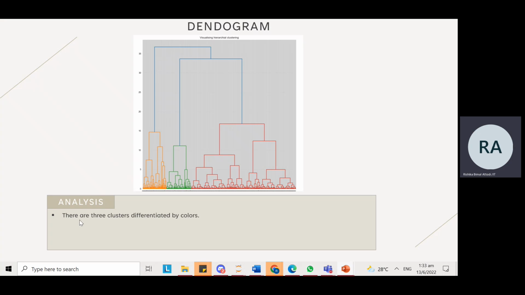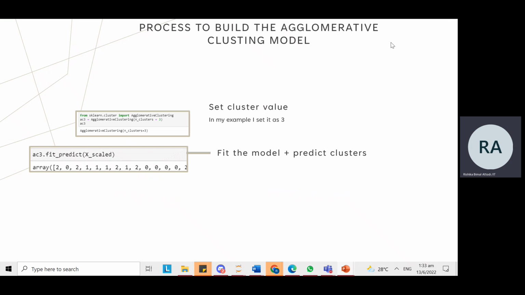This is my dendrogram. There are 3 clusters differentiated by the colors. Then this is the process to build the agglomerative clustering model. I set the cluster value as 3, fit the model and predict clusters.